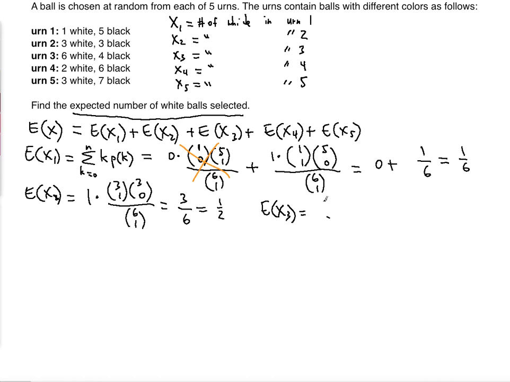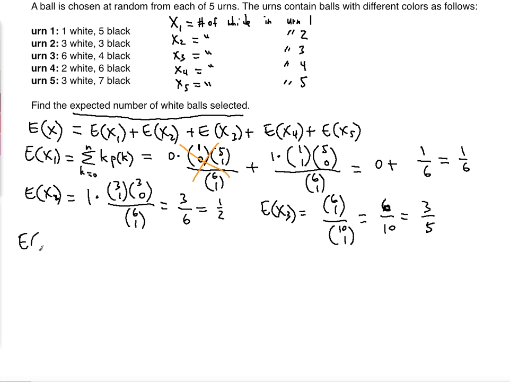Taking 1 white will give us from 6 white you choose 1, and we don't have to write choosing 0 out of the black, because it's always going to be 1. What's the total number? 10. Choosing 1 out of the 10. So that's 6/10, which is equal to 3/5.